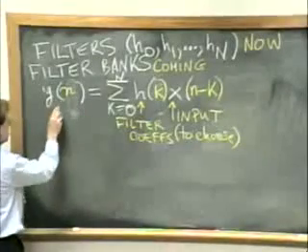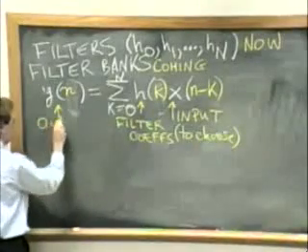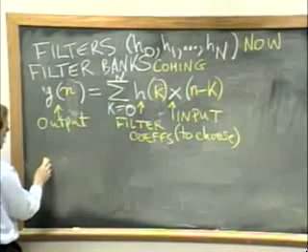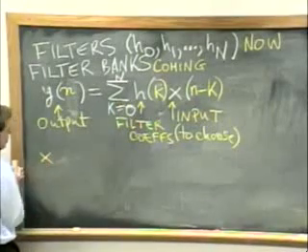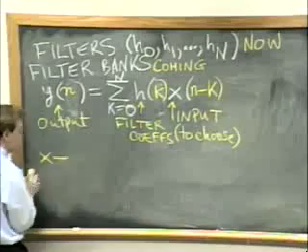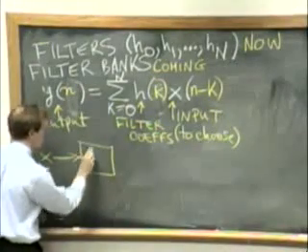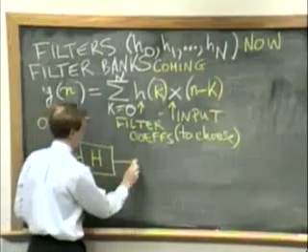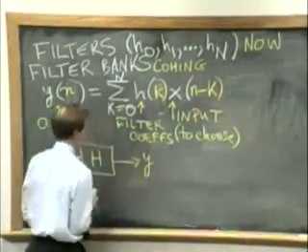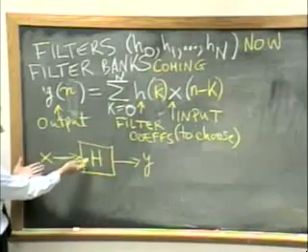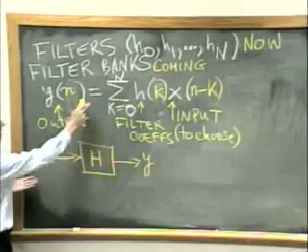And, of course, this is the output. So if I wanted to draw a block diagram, there's the input, it goes through some filter H, and the output is Y. Fine. And so what this filter does is a convolution.